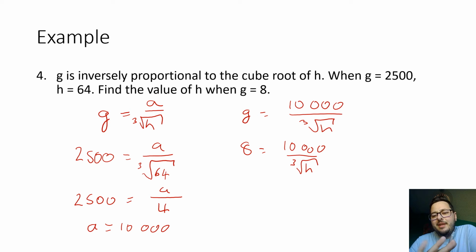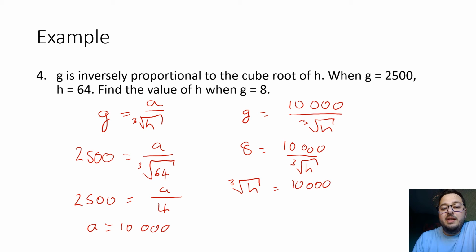Alright then, now this is a bit messy, so what we can do is we can times up by the cube root of h and divide down by 8. So that would give us the cube root of h is 10,000 divided by 8. Okay, so now we want to do 10,000 divided by 8, and if we need to halve it 3 times, so 5,000, 2,500, 1,250.